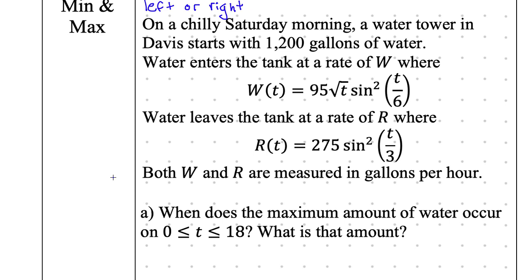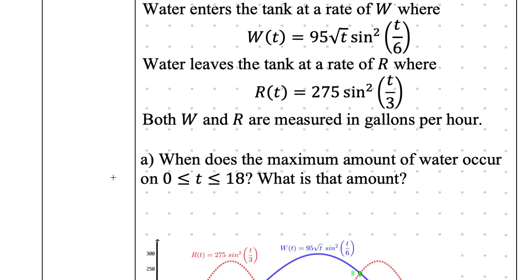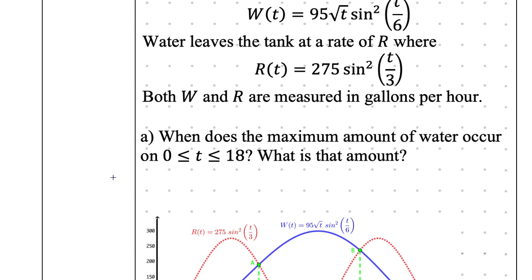Water leaves the tank at a rate of R. Both W and R are measured in gallons per hour. When does the maximum amount of water occur on 0 less than or equal to T less than or equal to 18? What is that amount? Perfect.